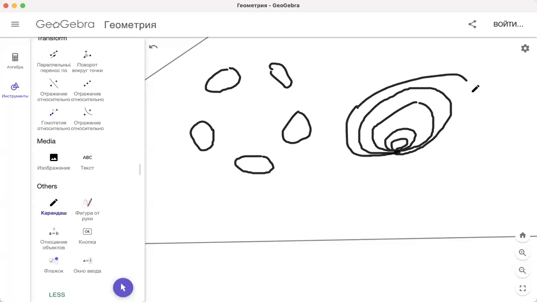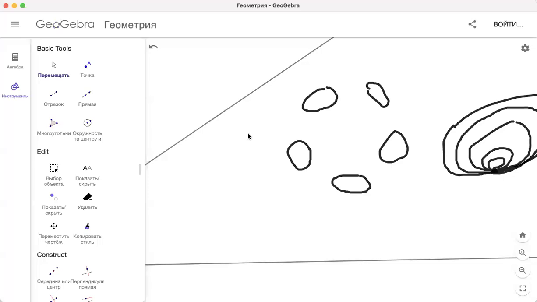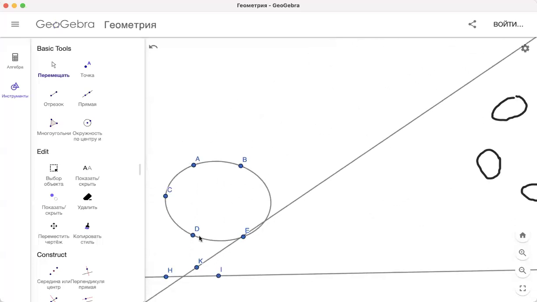For these 5 conics, we want to find all conics tangent to them.